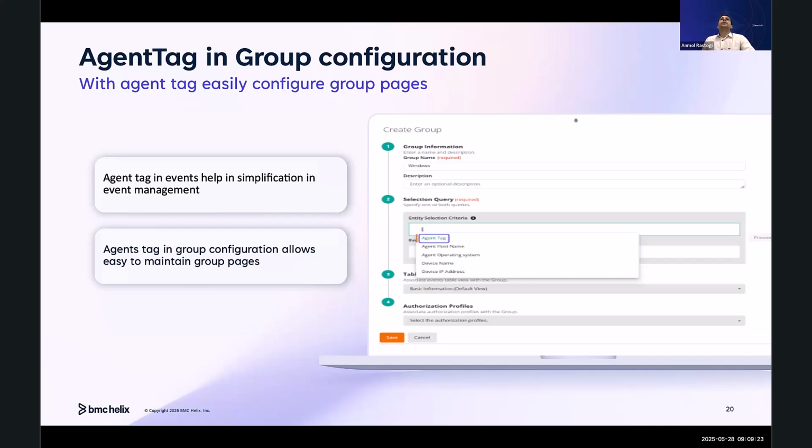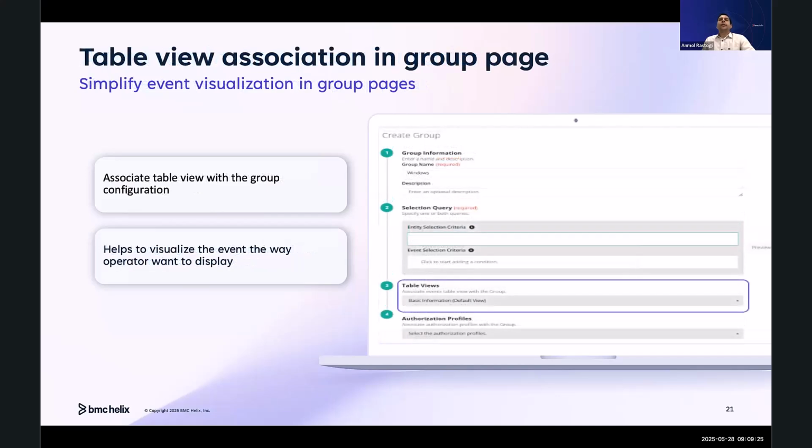On a similar line, in the group configuration page, as you can see here, table view association is also possible now. Let's say I have a very specific Windows event view, or an event view which is meaningful for the Unix operator.